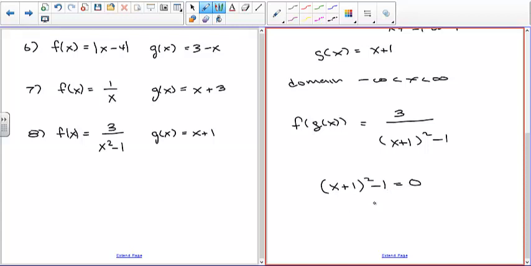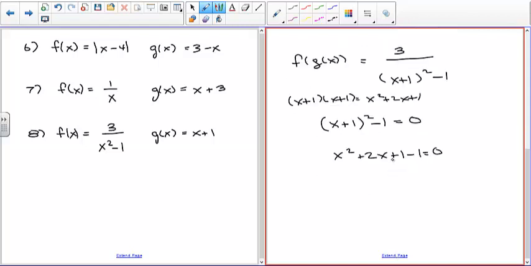So let's see what happens. Multiply this out: x plus 1 times x plus 1, using FOIL, is x squared plus 2x plus 1. x squared, plus 1x plus another x gives you 2x. 1 times 1 is 1. Okay, so we get x squared plus 2x plus 1 minus 1 equals 0. These cancel out. And then you factor out an x. So you get x times x plus 2 equals 0.